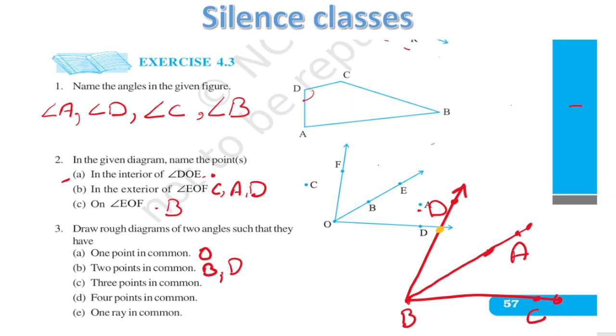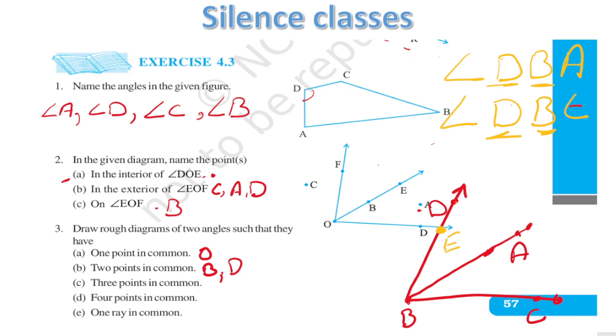So if I take angle DBA and angle DBC, D is common and B is common, and in DBA and DBC there is one point, we can say E. This is also common now, because if we are taking DBA, E is also there.